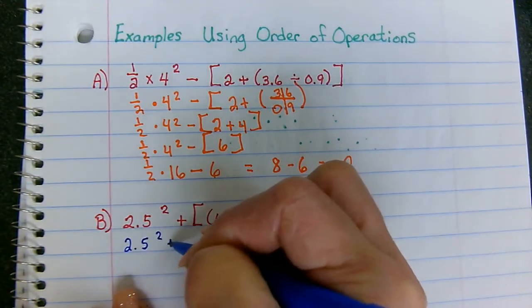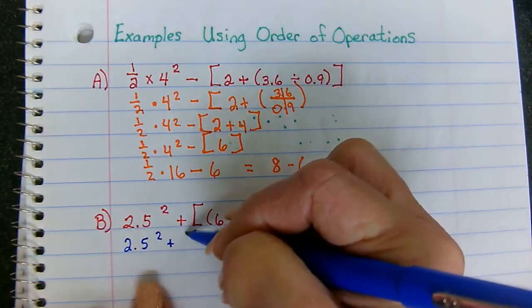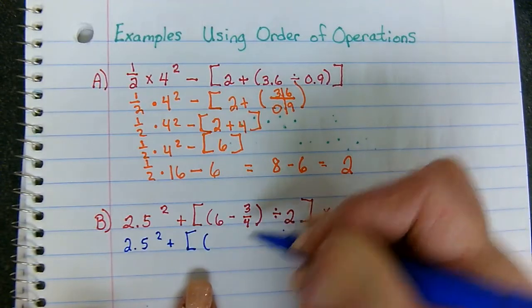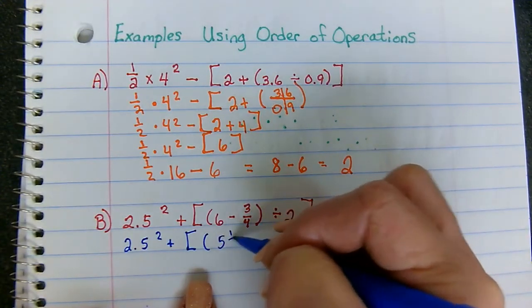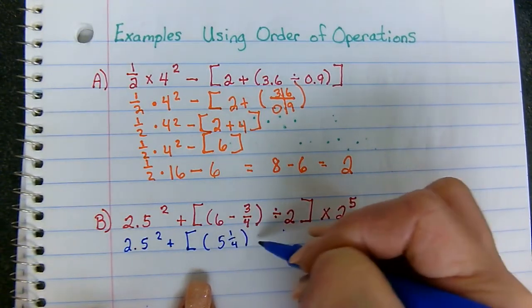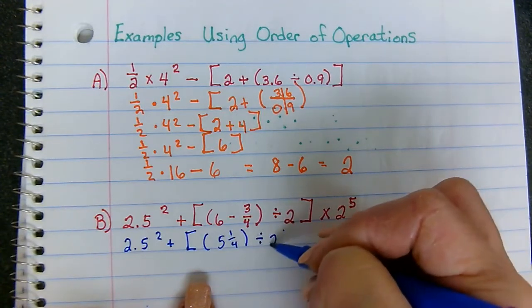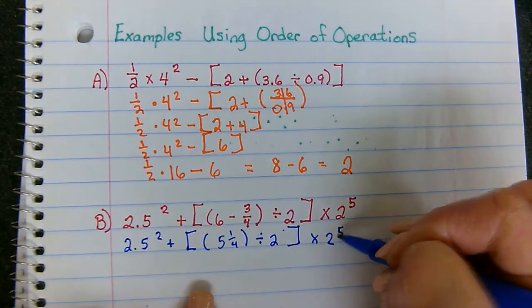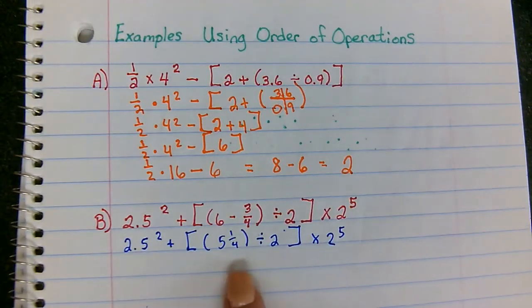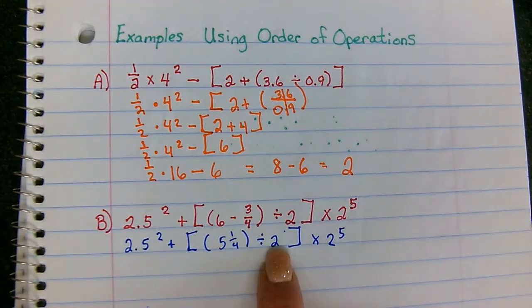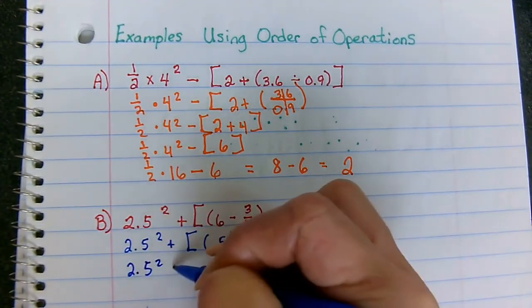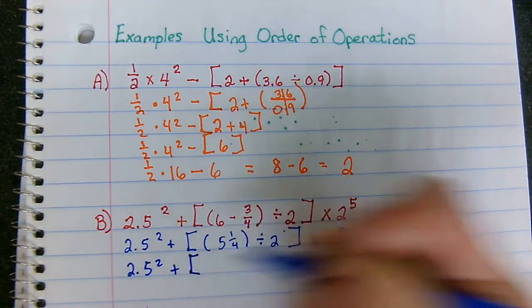2.5 squared plus, keep this grouping symbol, and in parentheses here, 6 minus 3/4, that's 5 1/4. Okay? And that divides 2. And then times 2 to the 5th power. All right, I want to change this to an improper fraction before I do the divide. 2.5 squared plus, let's keep the grouping symbols here.